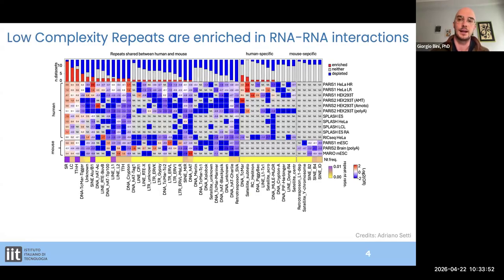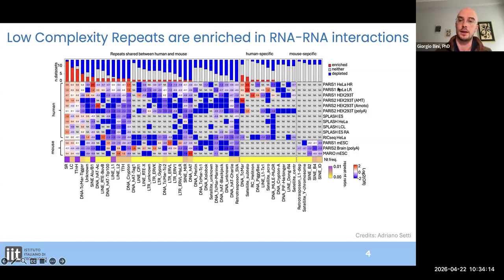In this slide, I show part of the amazing work that my colleague Adriano Setti did for this project. On the x-axis, we can see all the classes of repeats, which differ in composition, length, function and location in the genome.